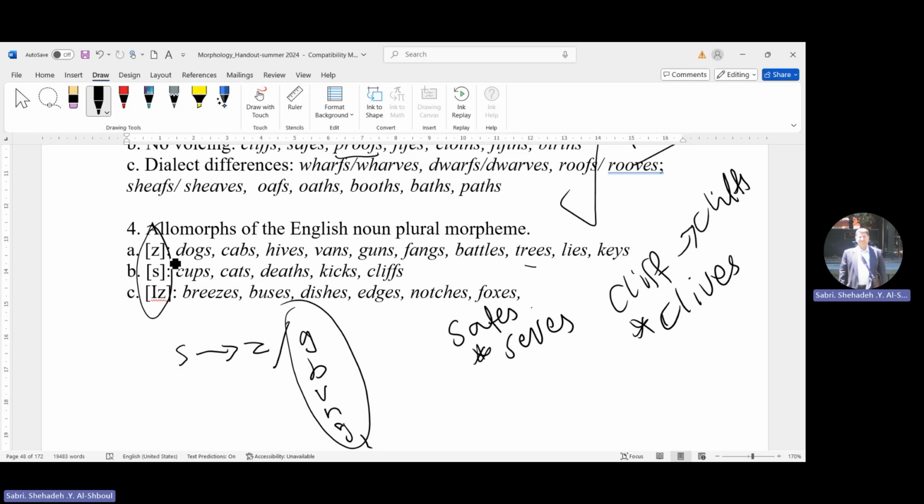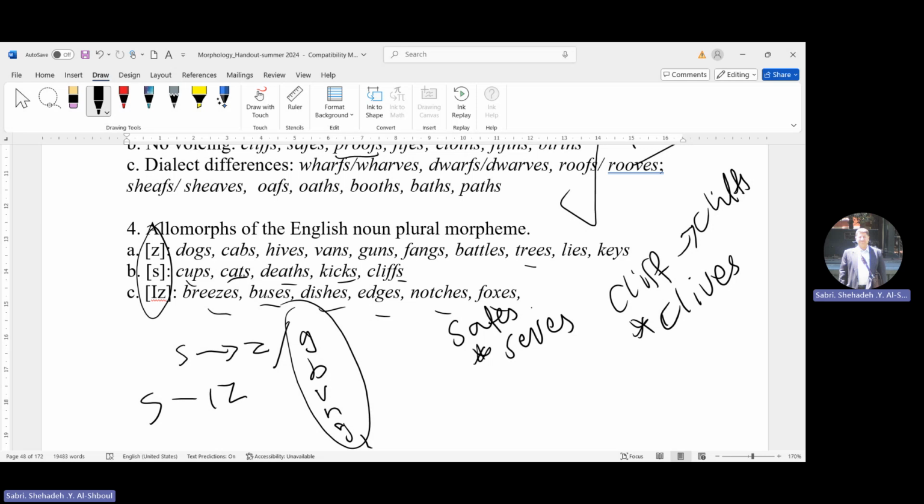The same, so here we have s remains s if it is preceded by a voiceless sound like p, t, th, k, and f. And the other scenario where this becomes iz, with an intervening vowel, is when it is preceded by z, s, sh, j, ch.